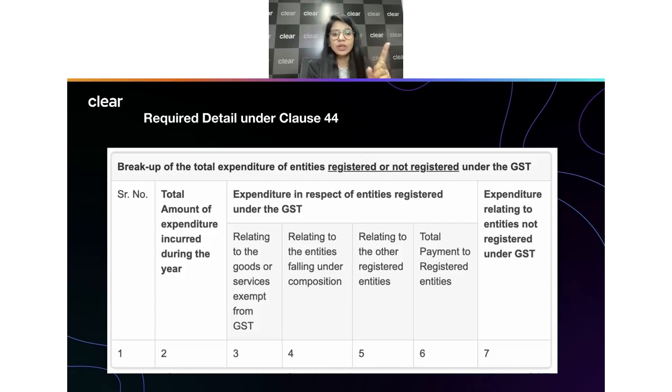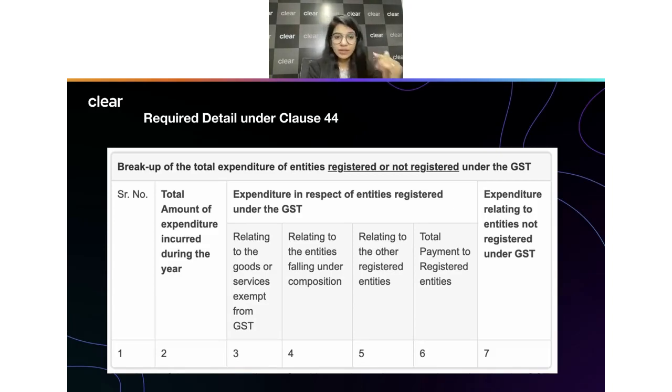In that particular case, I'm not going to show that information in table number 7. But the cases where I cannot claim ITC, that becomes cost for me, and whenever it is becoming cost for me, I have to include that information in my table number 7.